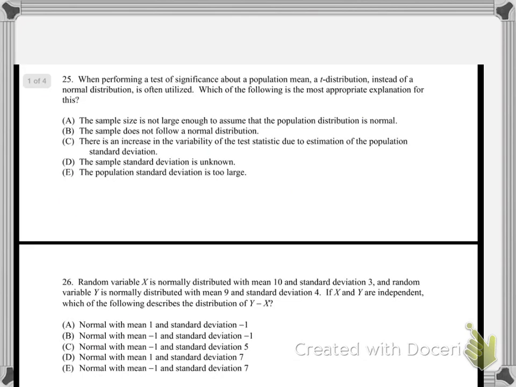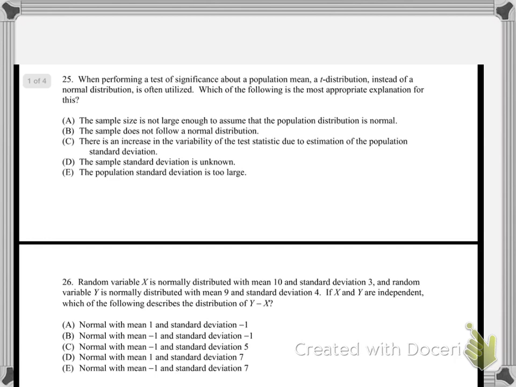Okay, so let's talk about number 25. Okay, so they're talking about a T here. And it says about a population mean. All right, so if you remember some of the problems, sometimes we have the mean, sometimes we have the standard deviation, and sometimes we have to use the standard deviation that is from the sample.